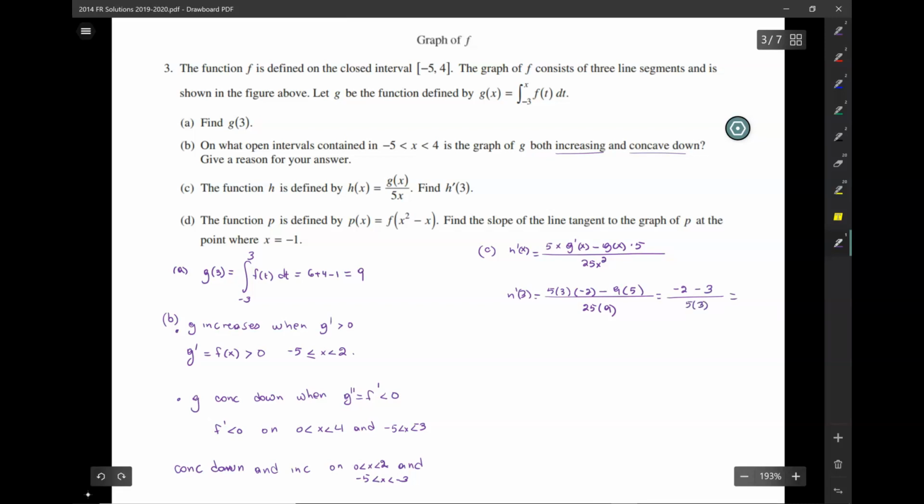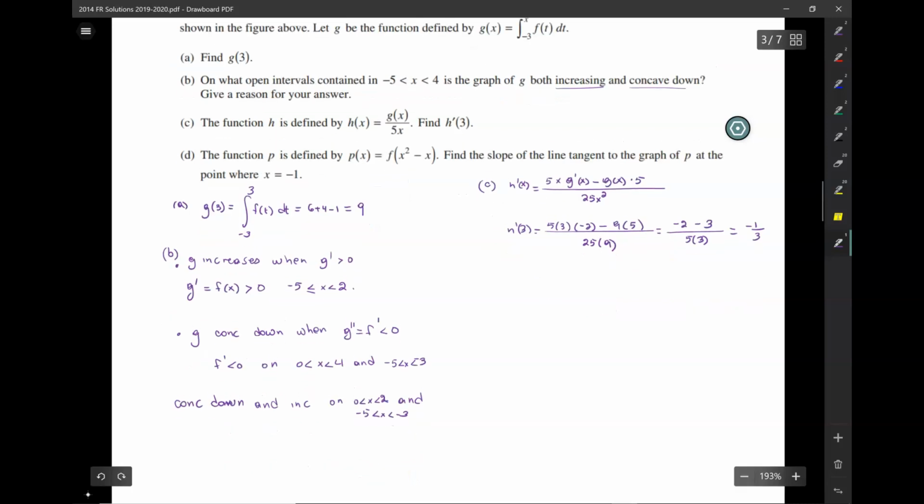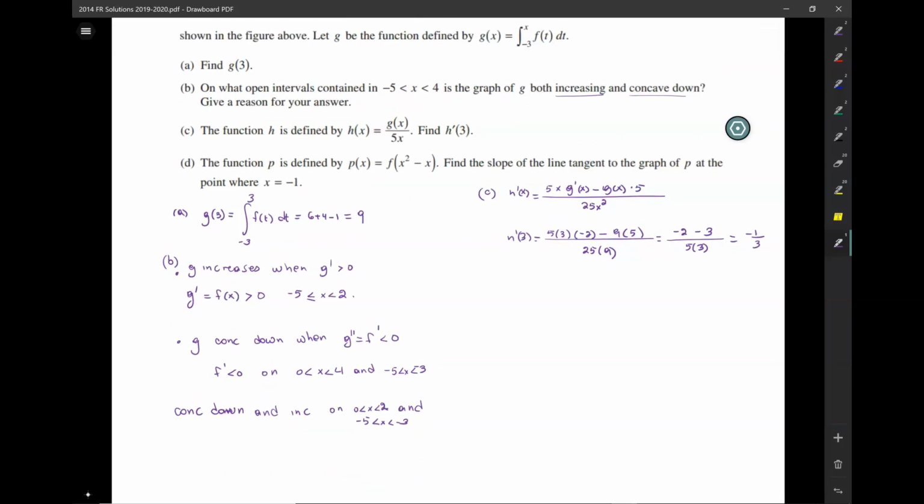But didn't you do it backwards? No, because she started with -1/3. Wait, isn't it G prime of 3? G prime of 3 is just f of 3, and f of 3 is 0? Which is 5x. I did it backwards. Oh, but it's addition. Just subtraction. Oh, wait, hold on. Wait, it's just B.